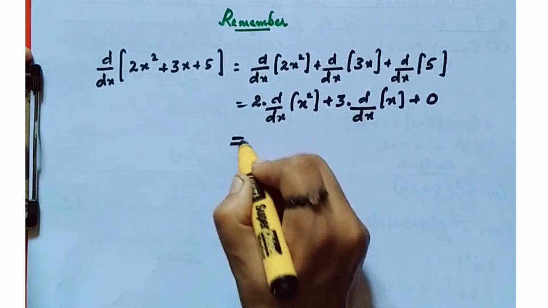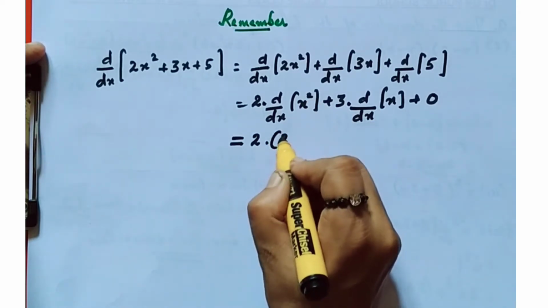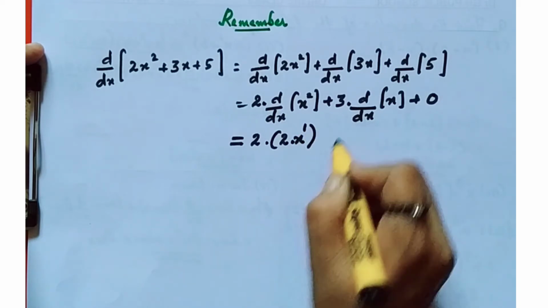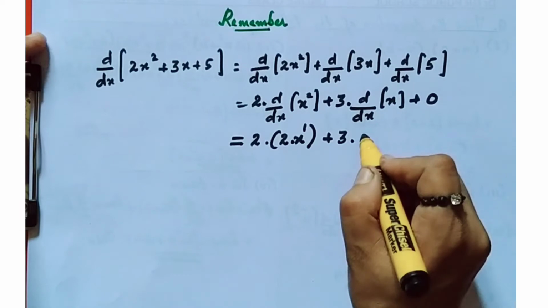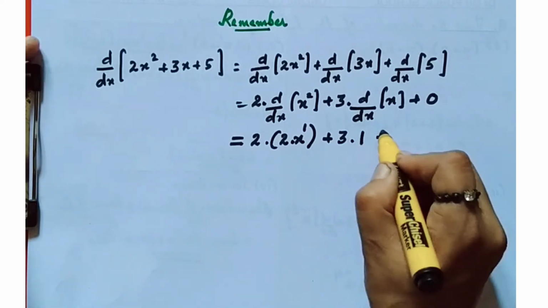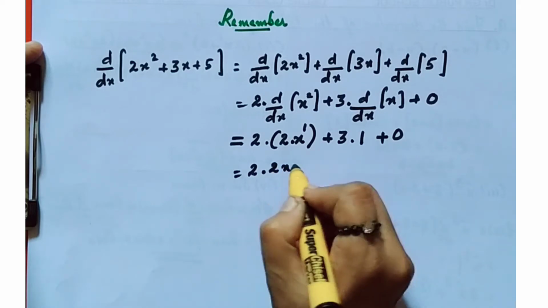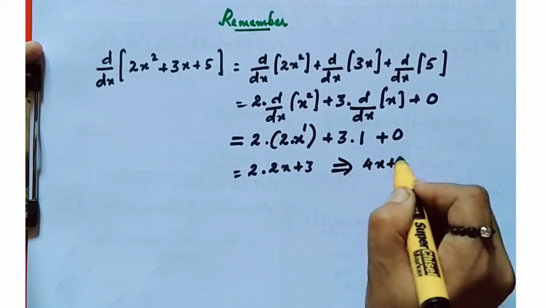Now, which is equal to 2 into, what is the derivative of x raised to n? The power n into x raised to power n minus 1, that is 2x, plus 3 into the derivative of x, a linear function, whose derivative is 1, plus 0. So the answer is 2 into 2x plus 3, which is 4x plus 3.